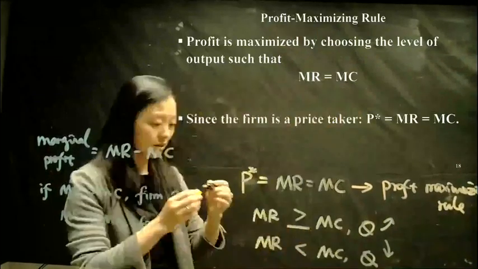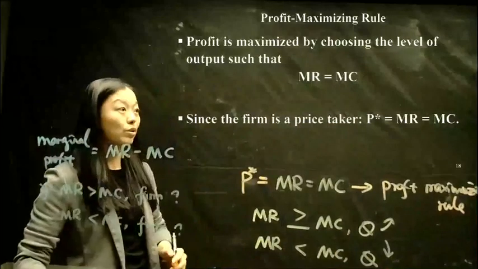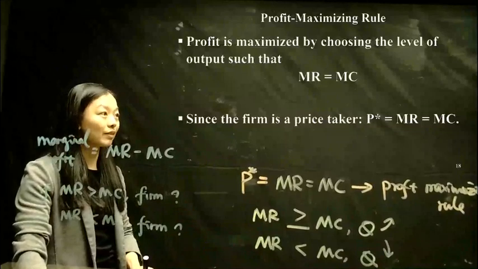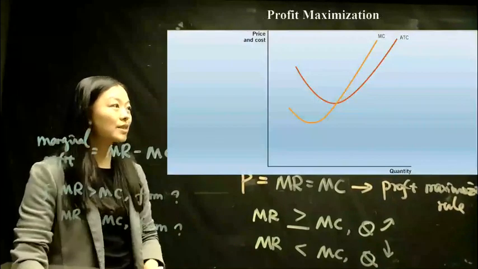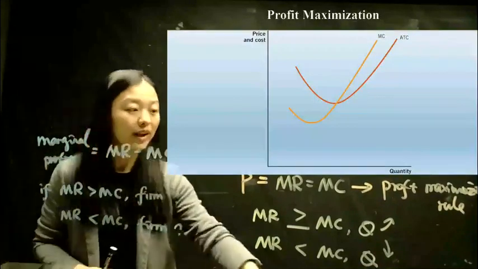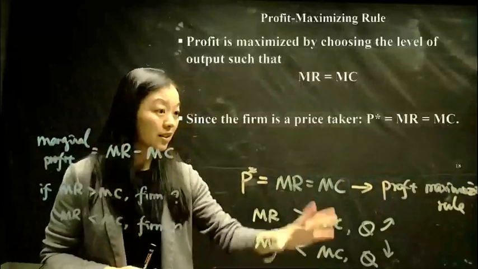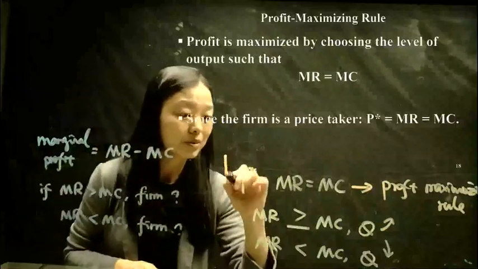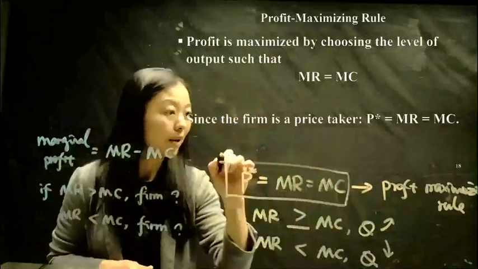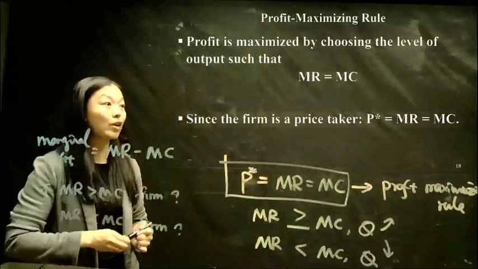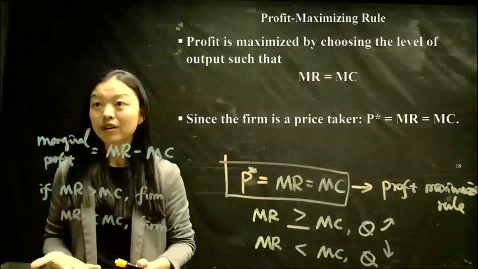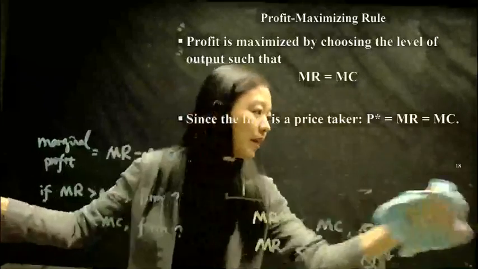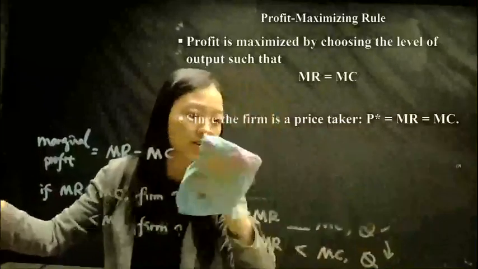Okay, so this is the profit maximization rule in perfectly competitive markets. So let's see one example. This is the exam, we will just talk about how to get the profit maximization rule through mathematics. But now we can also see how to compute the profit through a graph. Okay, so let me show you the next slides.